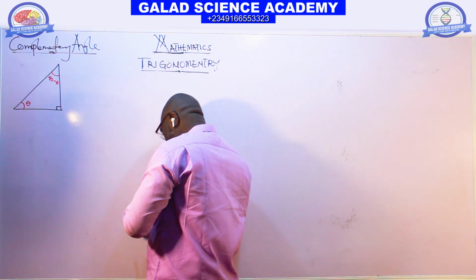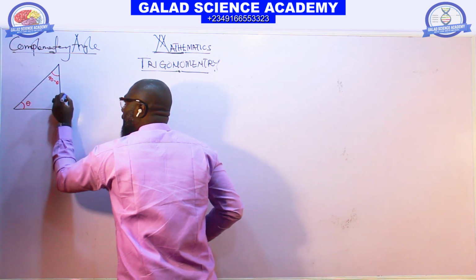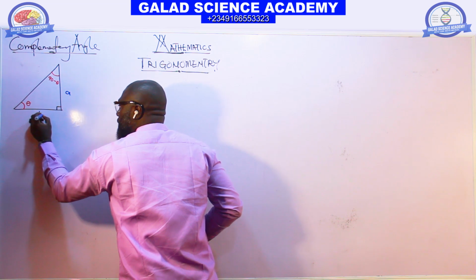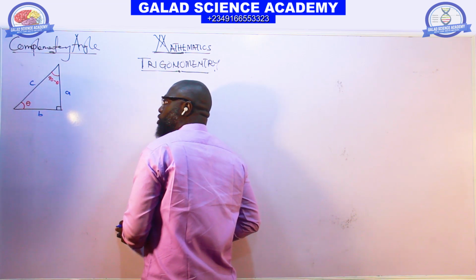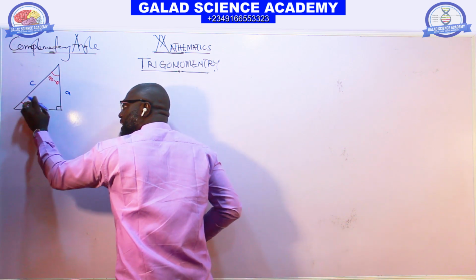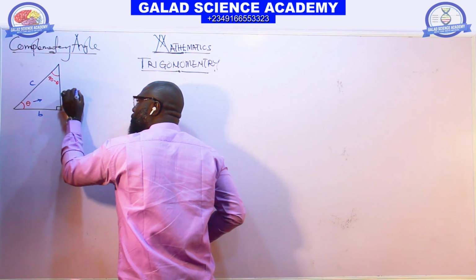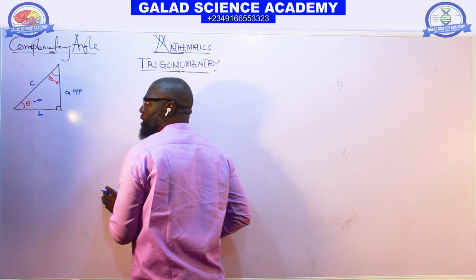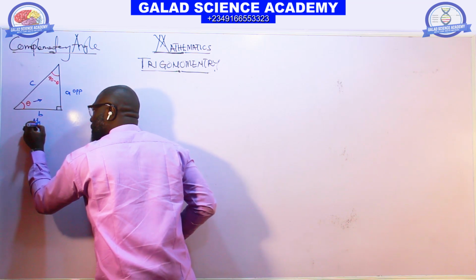Let us now say this side, let me call it A, this is B, and this place is C. So for this angle here, this A serves as opposite and this B serves as adjacent.